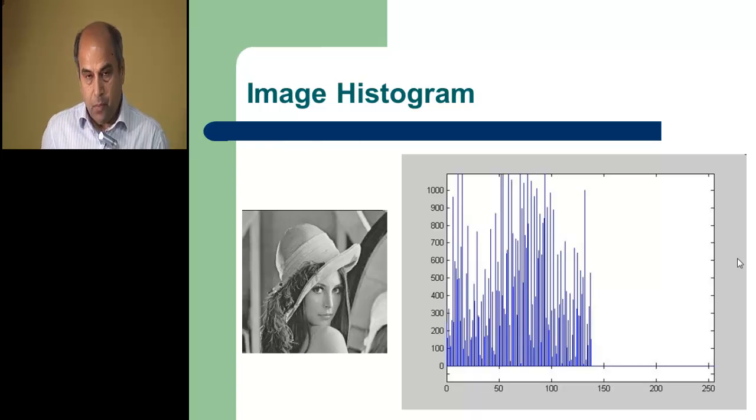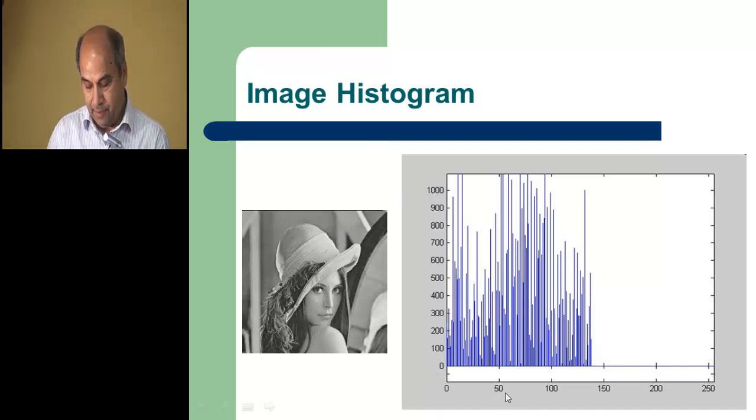So now one important property of an image, or the feature of an image, is called histogram, which gives you a distribution. What are these different gray levels we have in the image and how many times do they occur. So histogram gives a distribution. As you see here, we have these different gray levels from 0 to 255. And here we have the percentage of the pixels in this image.